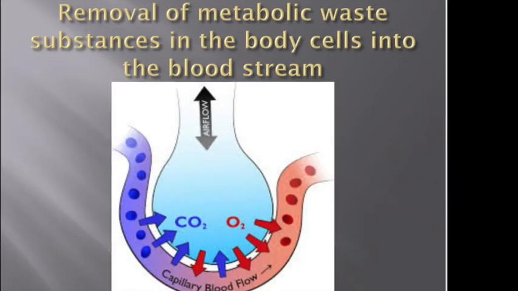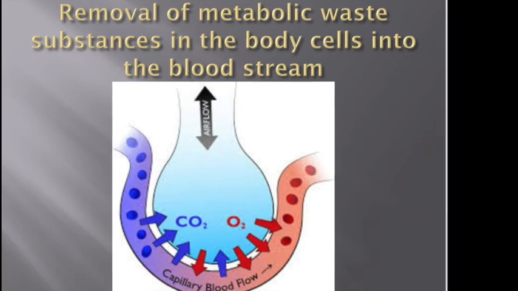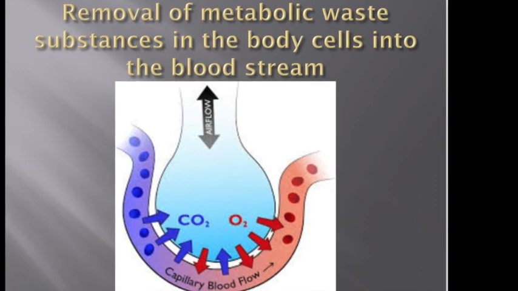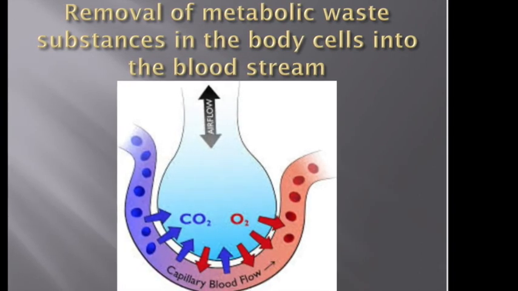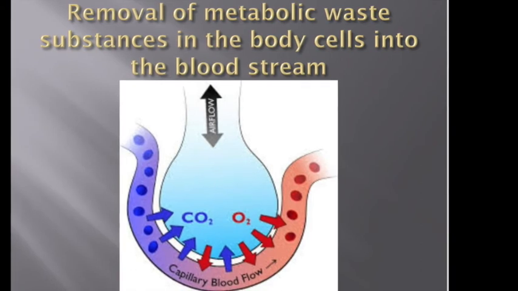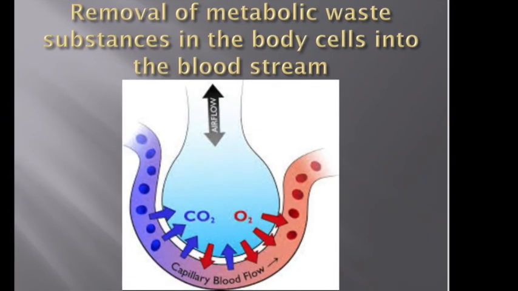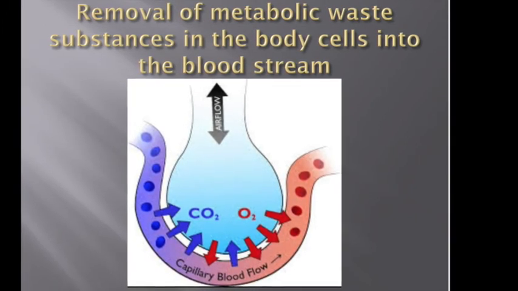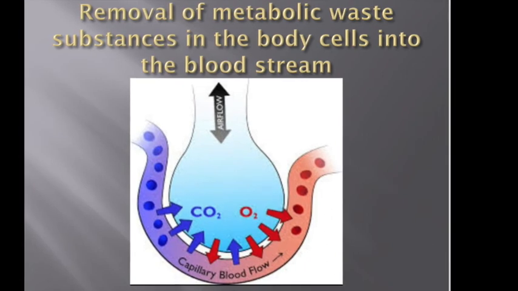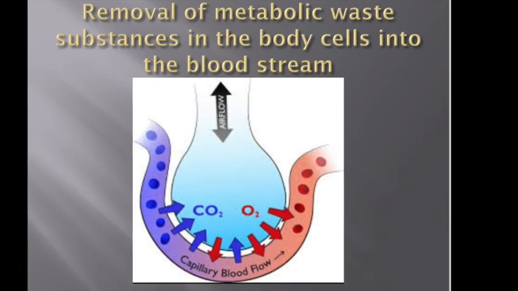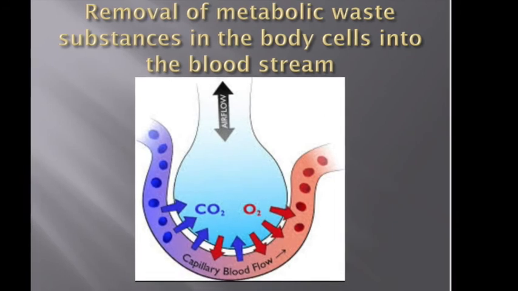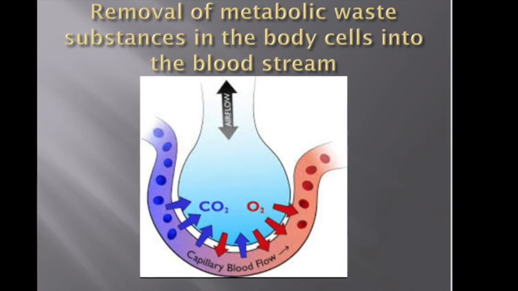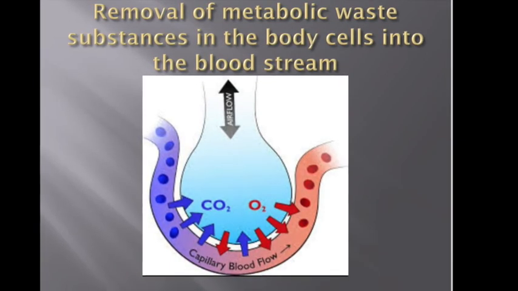So, this is a typical example of diffusion in animals. Another example of diffusion in animals is the removal of metabolic waste substances from the body cells into the blood stream. One such example is what takes place in the lungs, where a metabolic waste like carbon dioxide is removed and oxygen, which is a useful material, is absorbed into the blood capillary.